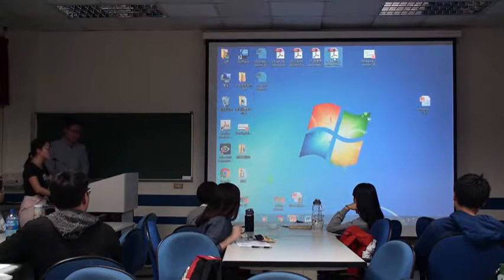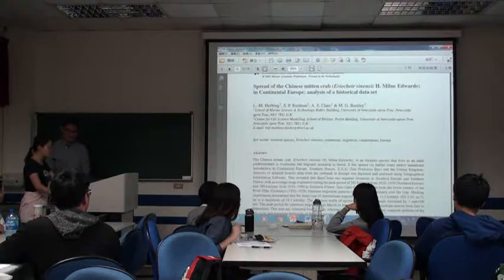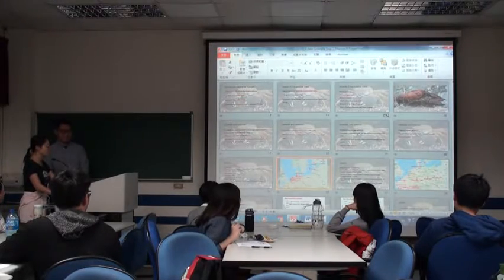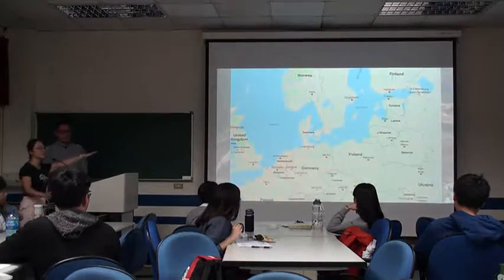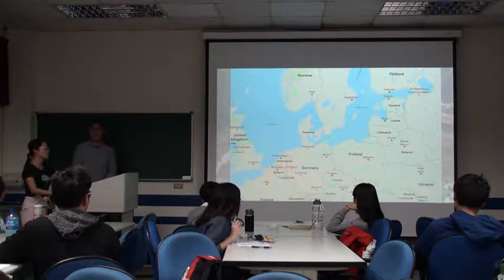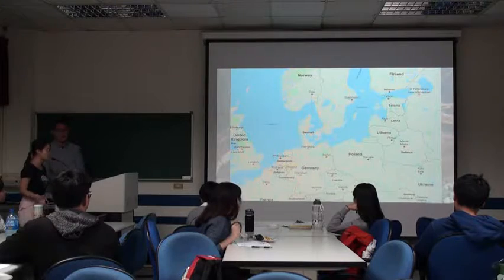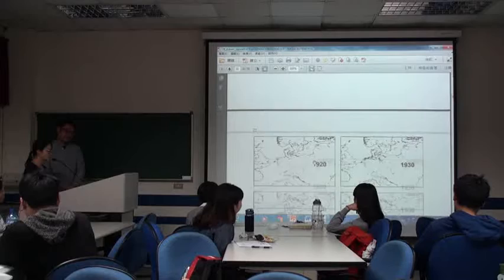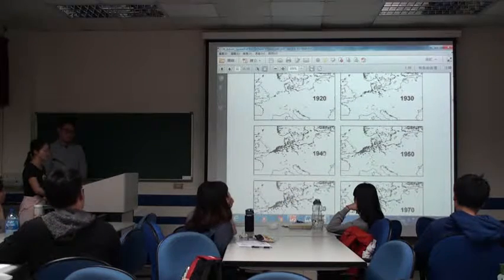However, the problem with these maps, with this adaptation, is first of all you don't see any rivers. Apparently rivers are crucial for the spreading of mitten crabs. You can see in the original paper there's no river either.